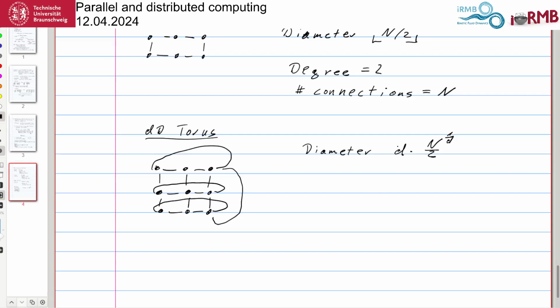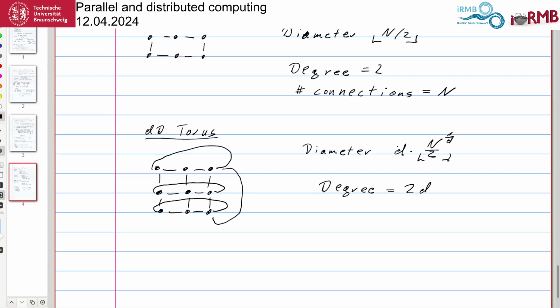So n to the power of 1 over d, divided by 2, the floor of this, times d. And the degree of this is 2d. You see, things can become more complicated.